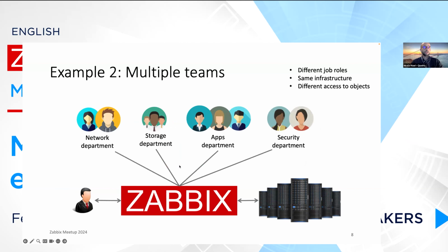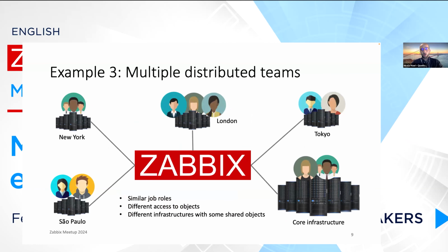So you may have network engineers, storage experts, application developers, and so on. And in very large companies, these teams can also be spread across geographical sites. So there might be a network team with similar job roles in each of these premises.